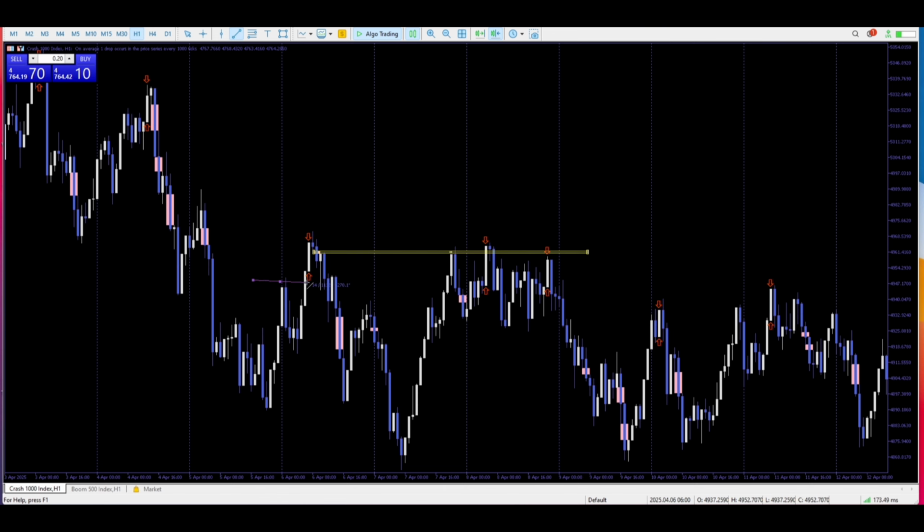We had a liquidity sweep, we had a market structure shift right over here, and as you can see, price reacted from a previous order block and fair value gap right over here, reacted from a previous fair value gap here.